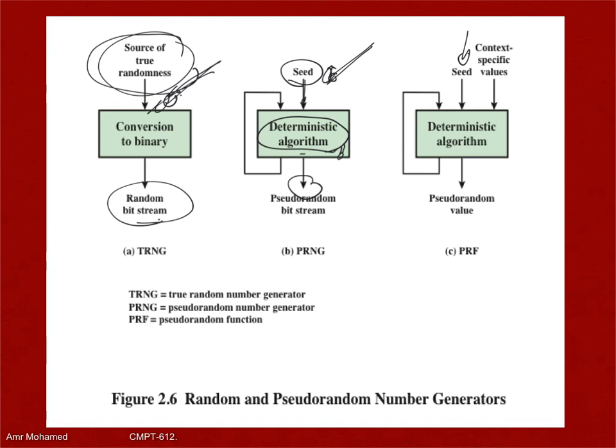Okay. So another third type is what we call the context-specific value random generators. In that particular category, in addition to the seed, we use context-specific values. Context-specific values could be like the certificate, or could be like user ID and password, which is exclusive to a person.